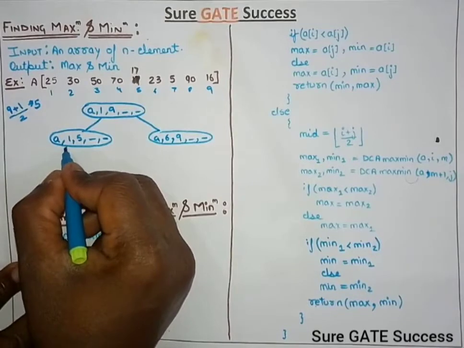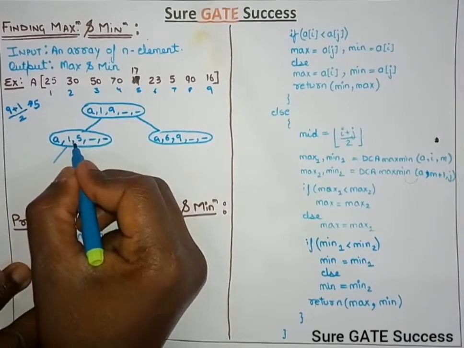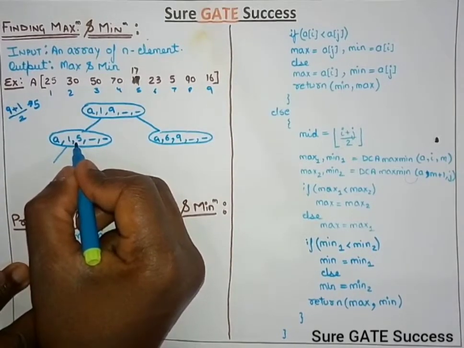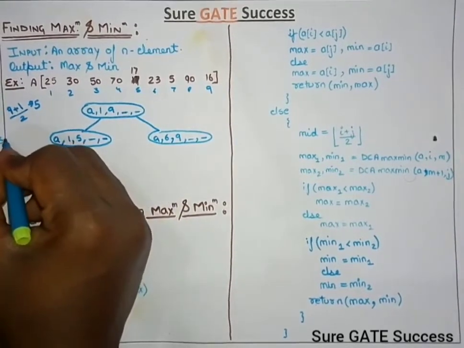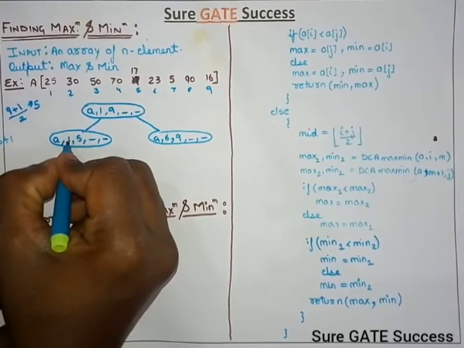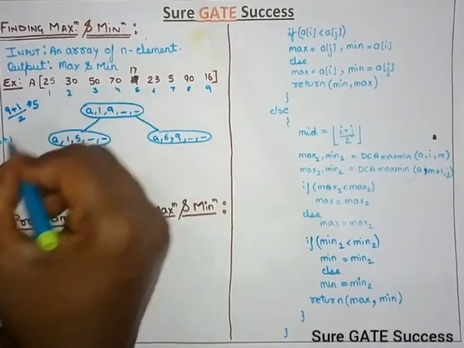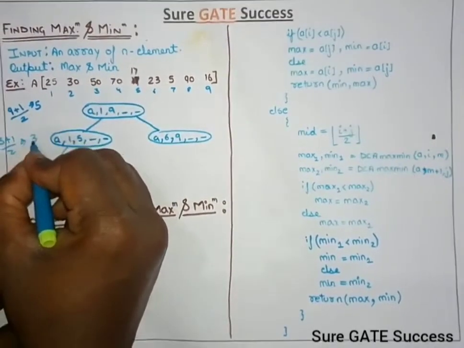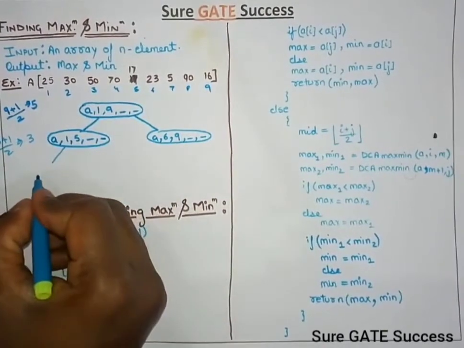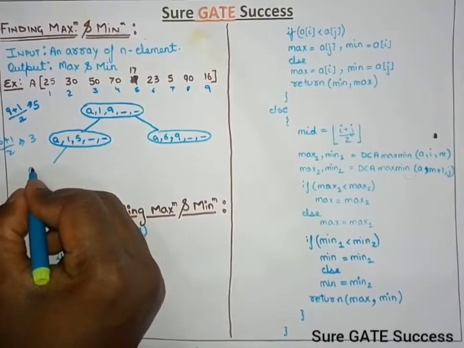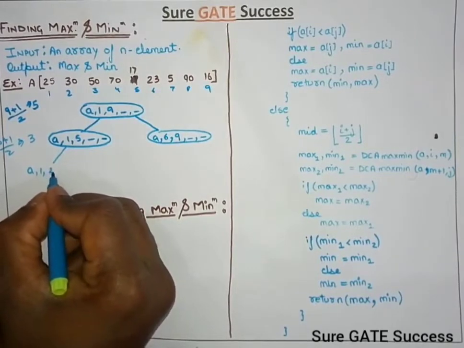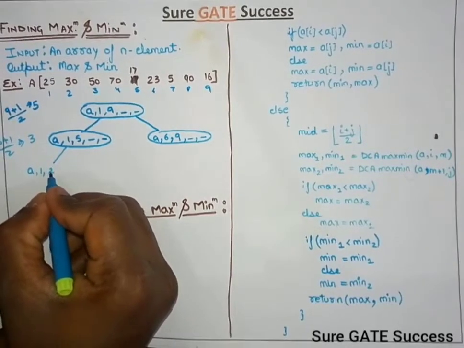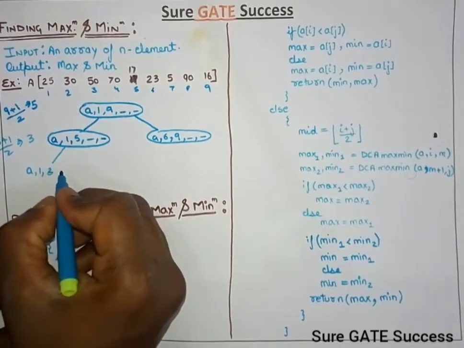And now we have to further break this into smaller ones. How are we doing this? Last plus first, 5 plus 1, divided by 2, will be 3. That means the next one we have to take is from 1 to 3.